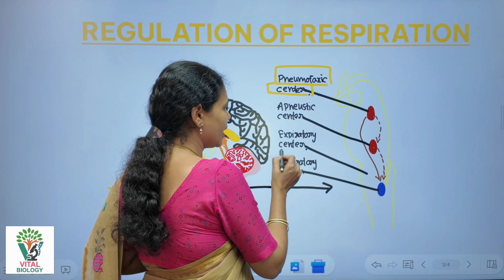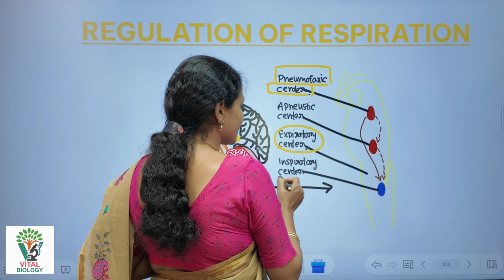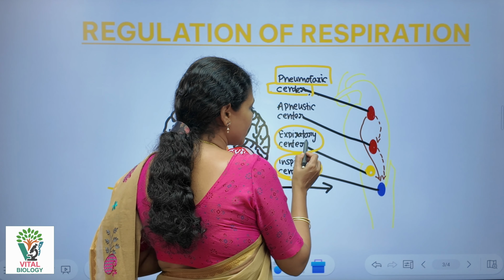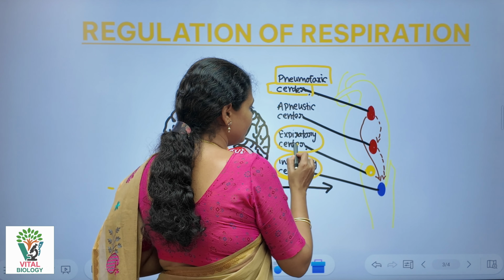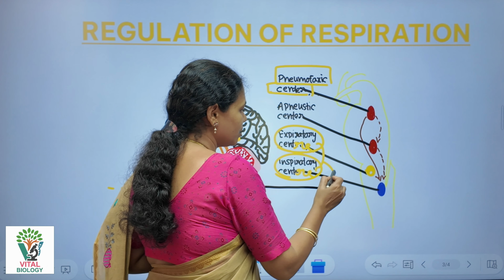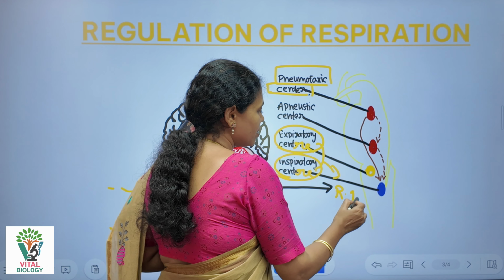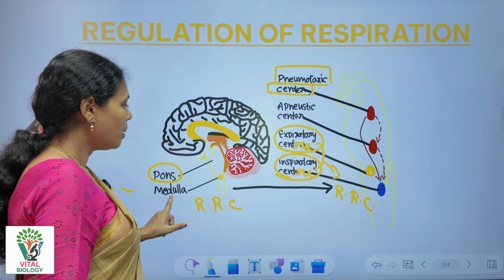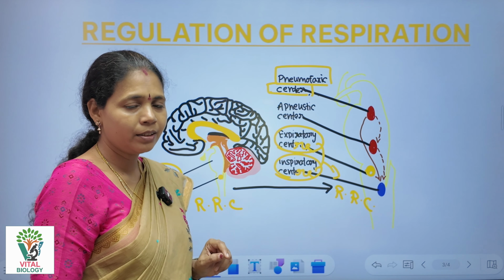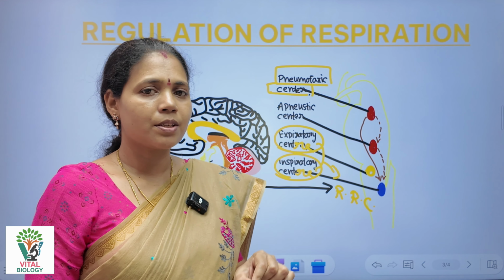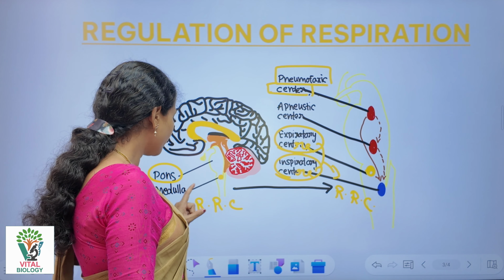Here in this diagram we have marked this one as the expiratory center and this as the inspiratory center. Together they are the respiratory rhythm center, which, as we told previously, is located in the medullary region.